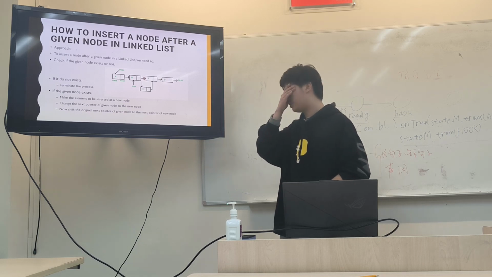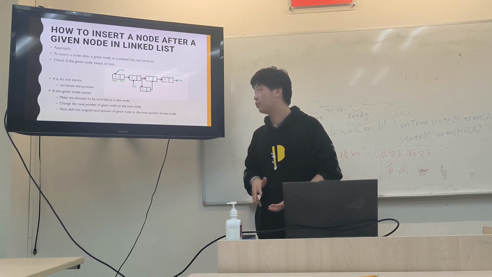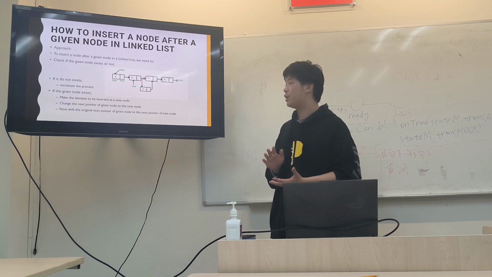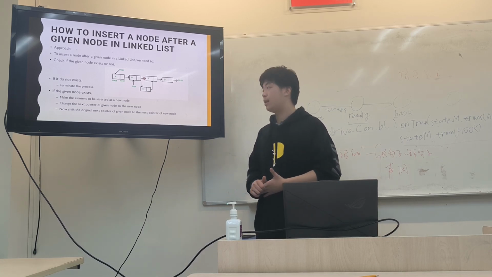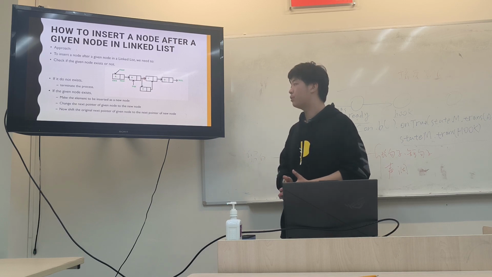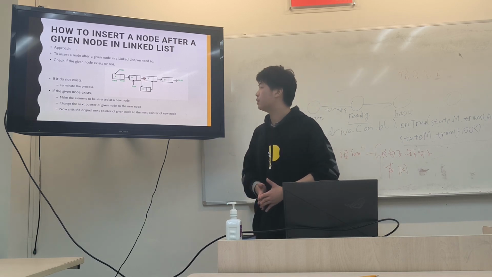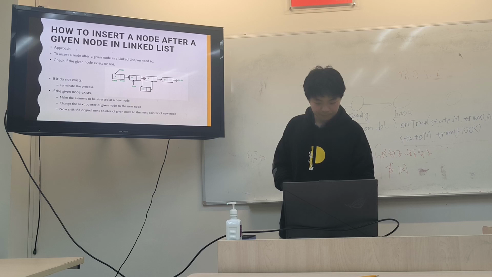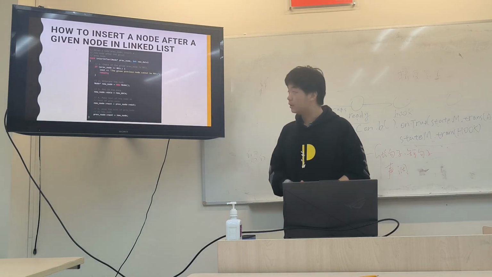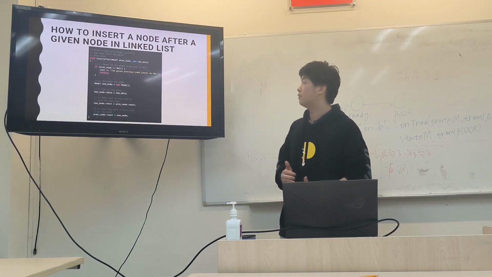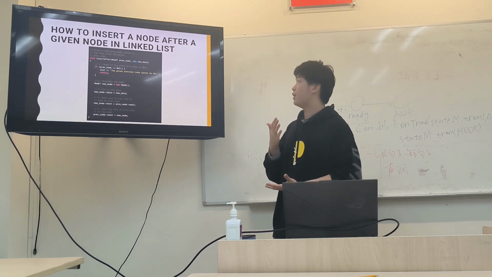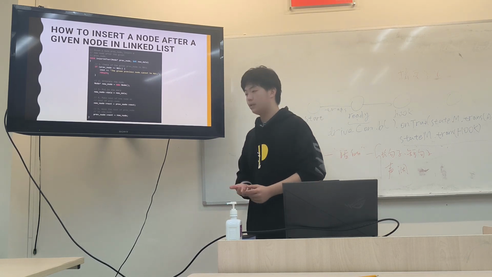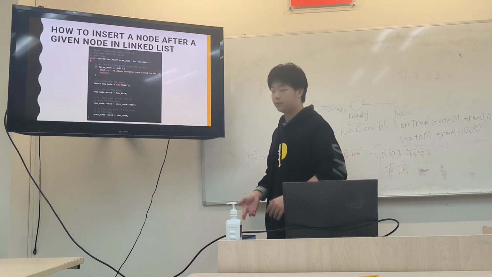So we will first initialize this new node, and then we will change the next pointer of the given node to the new node. And last, we will shift the original next pointer of the given node to the next pointer of the new node. And here is also the Java code for inserting a new node in the middle of the linked list.